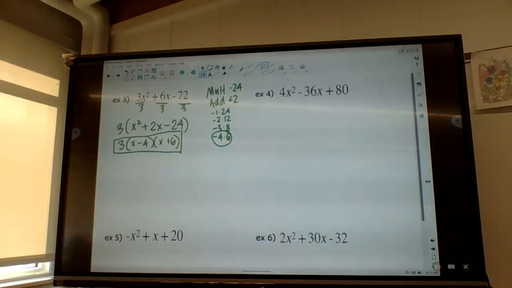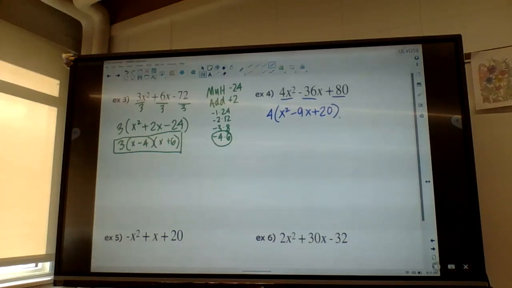All right. Again, hopefully you're trying this next one. Again, we can take out this 4 to begin with. Divide them all by 4. So now this one we want to multiply to get a positive 20. We want to add to get a negative 9.